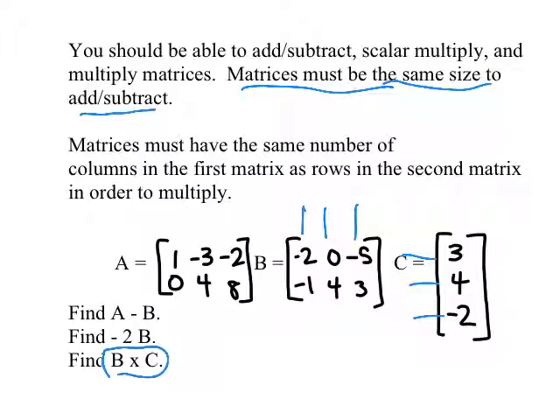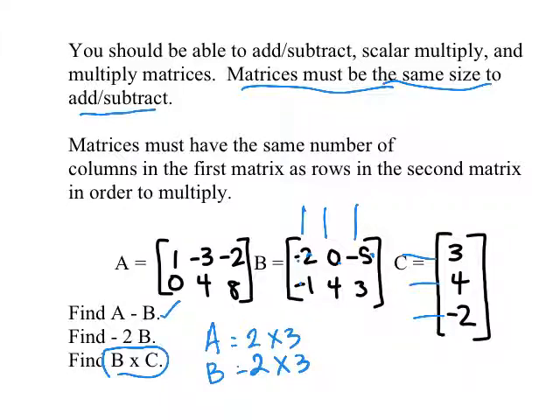Likewise, we're able to subtract A minus B. Let's just go through all the sizes. The size of A is 2 by 3, row by column. The size of B is 2 by 3, 2 rows, 3 columns. So we can subtract A minus B. We could add A plus B.